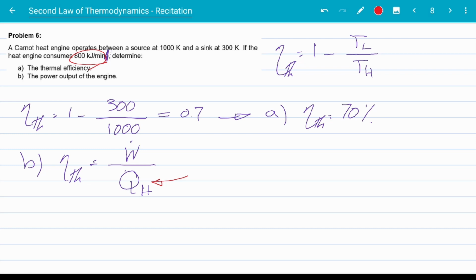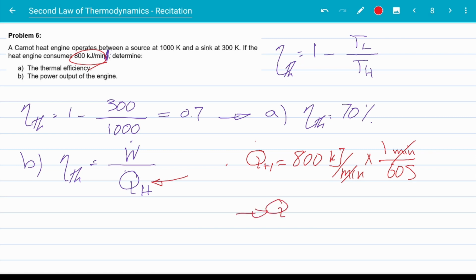Now, again, 800 kilojoules per minute is not a unit that I'm comfortable with. So Q dot H is 800 kilojoules per minute. I'm gonna multiply this by 1 minute over 60 seconds, right? So minutes cancel each other, and I get Q dot H is 13.34 kilowatts.